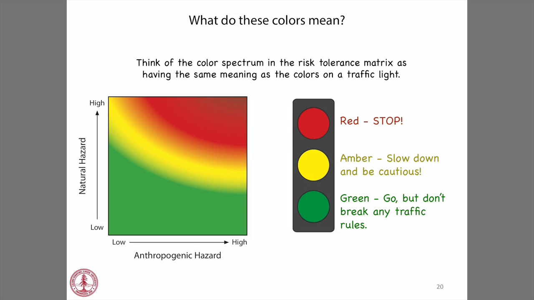So basically what you want to think about is if you find that your project itself lands in this green section of the risk tolerance matrix because of the level of the operational factors and the level of the natural hazard, then what you want to do is consider your actions based on the colors that you see in this graph. So if you find that your project is in the green area, then green means go, continue operating as originally planned within the laws or the regulations that are set.